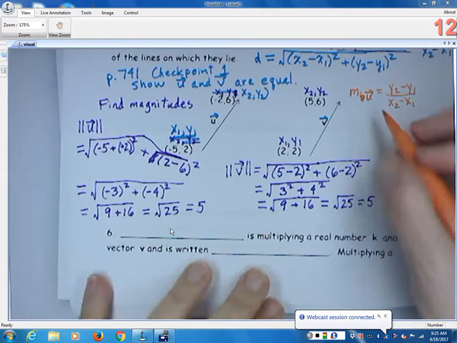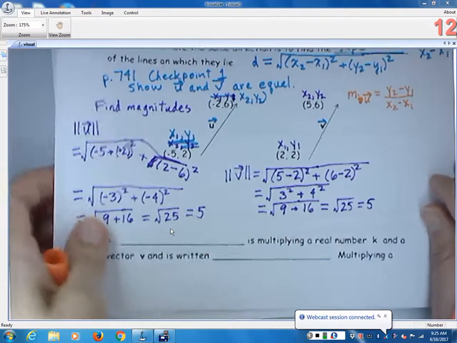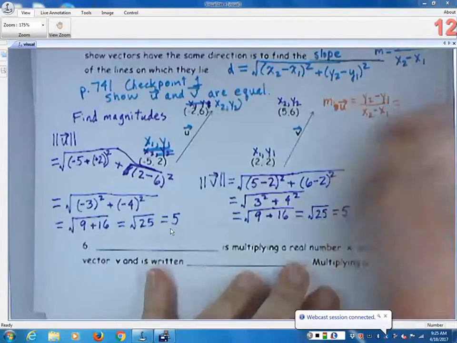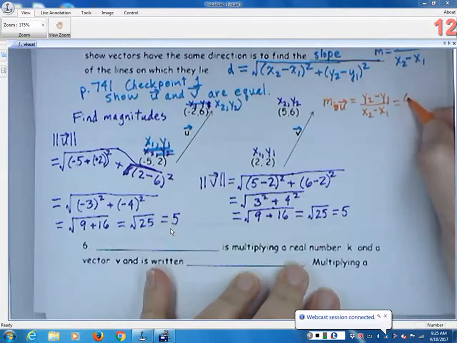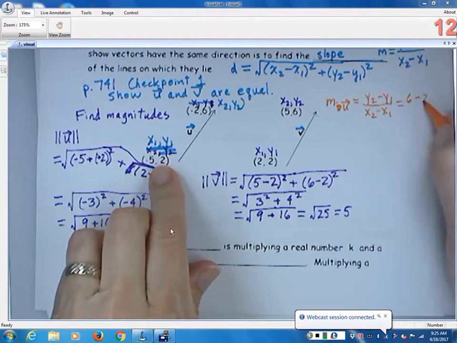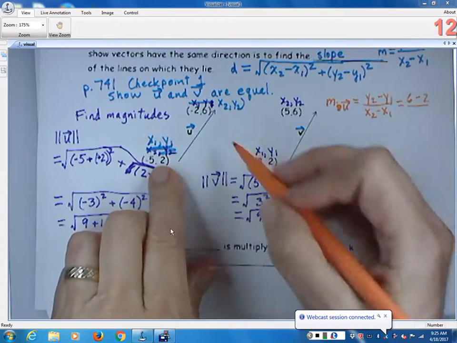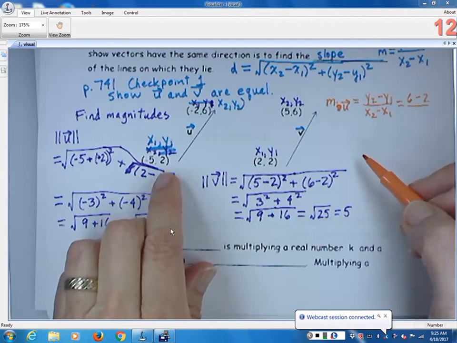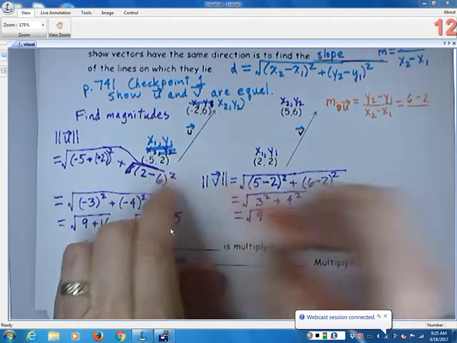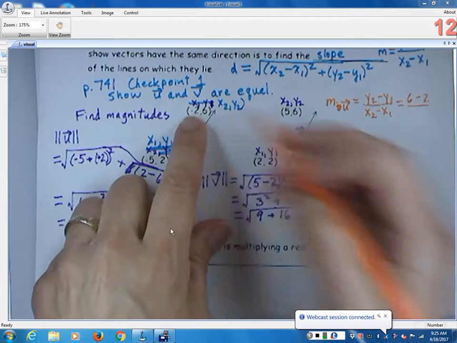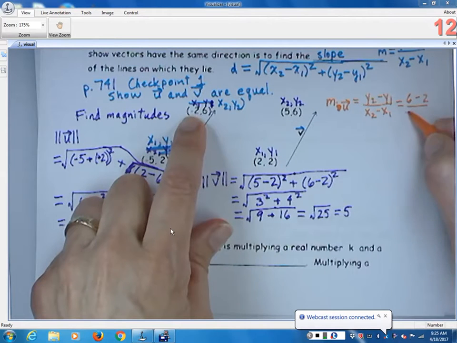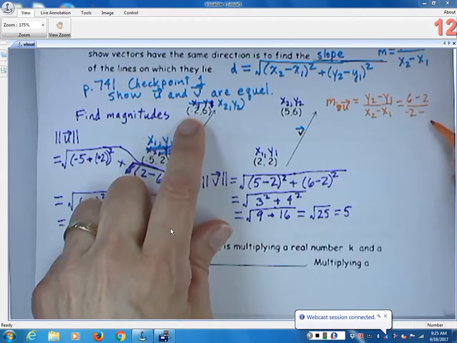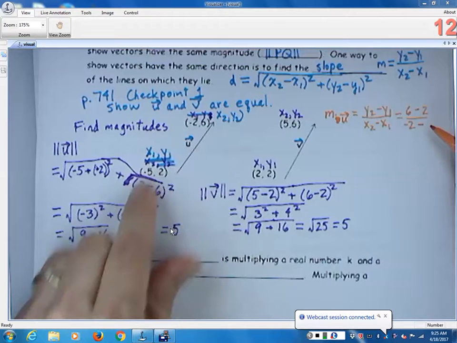Plugging in, 6 minus 2 over minus 2 minus negative 5.